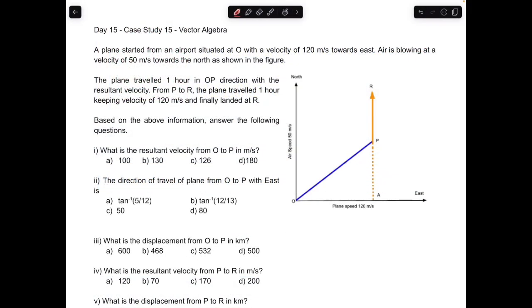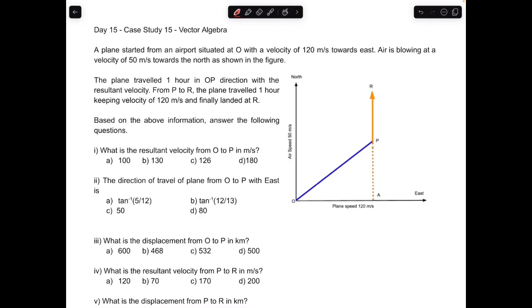Today's question goes like this. A plane started from an airport situated at O with a velocity of 120 meter per second towards east. Air is blowing at a velocity of 50 meter per second towards the north as shown in the figure.